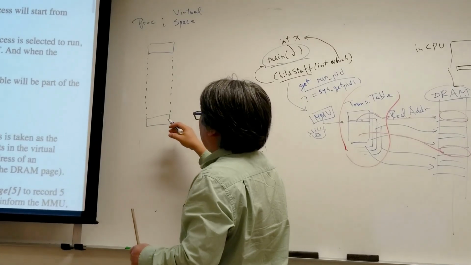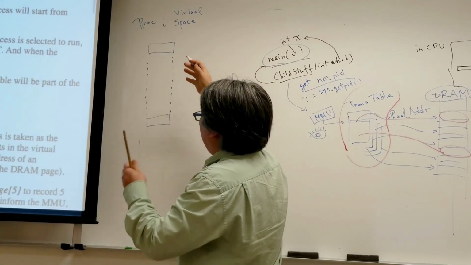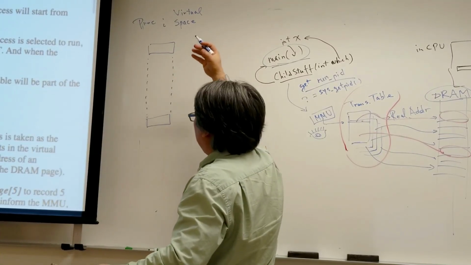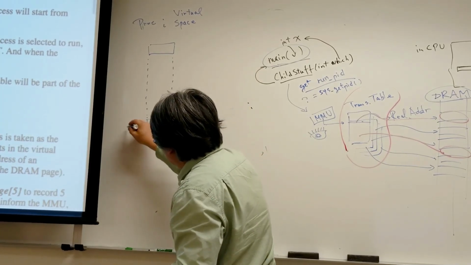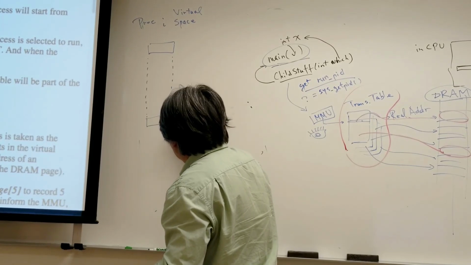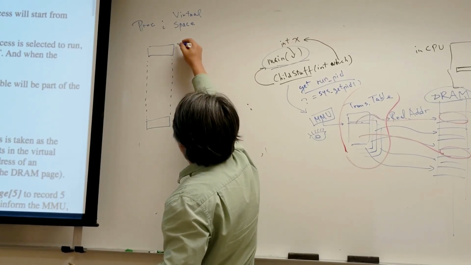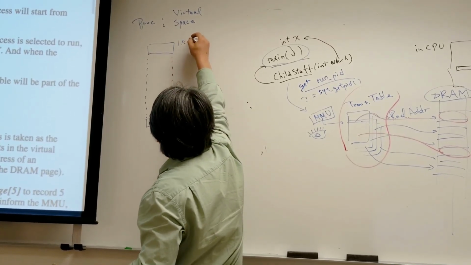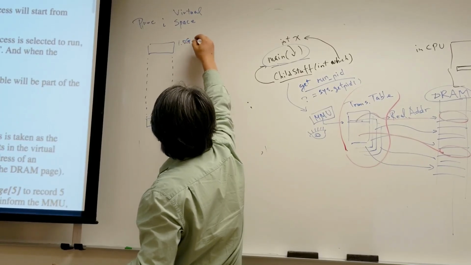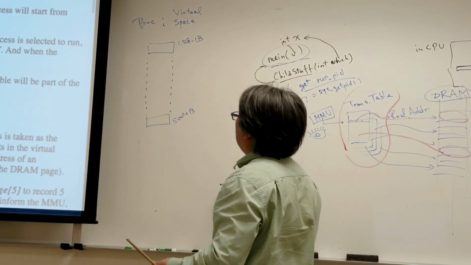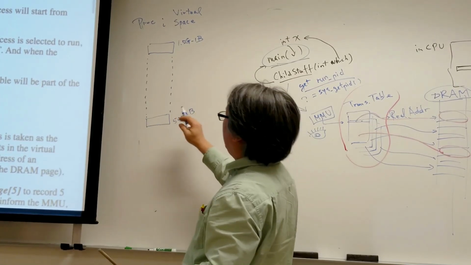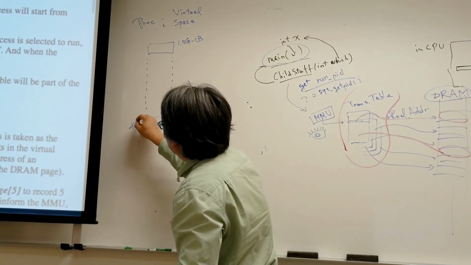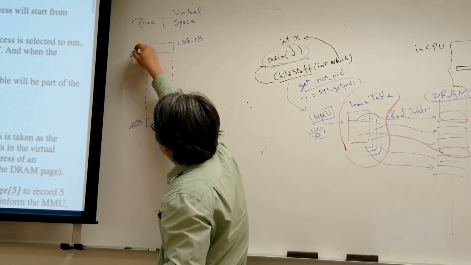This is kind of like processing 4K by 4K, expanding the virtual space starting from 500 meg to the top, 1.5 gig minus 1 byte. So that is the virtual space. Each unit here is 4K bytes. Okay, so you say, why am I drawing this square bracket?